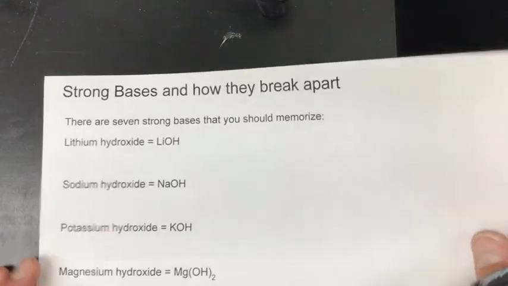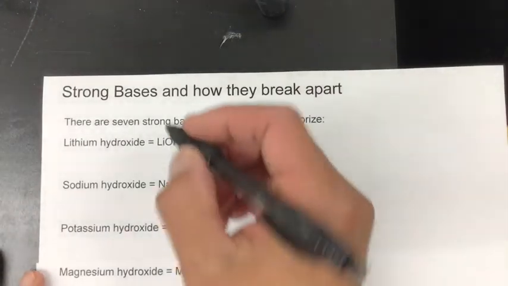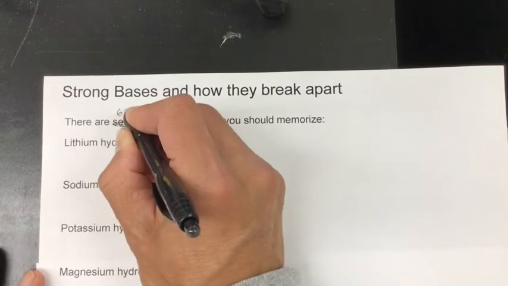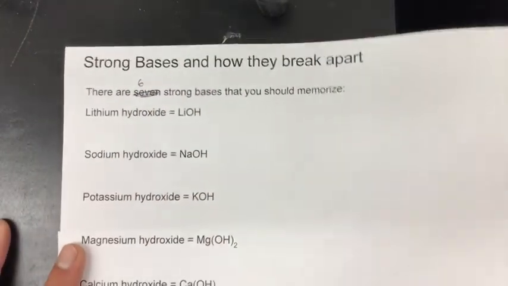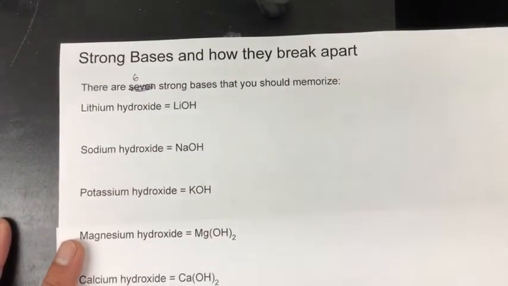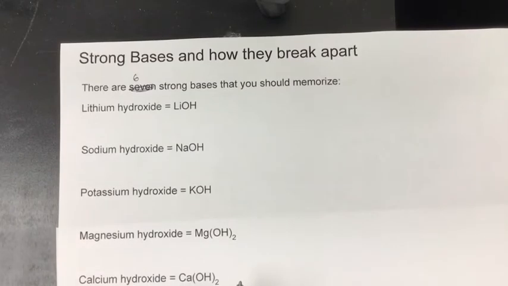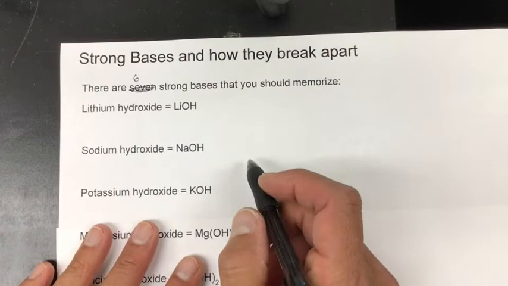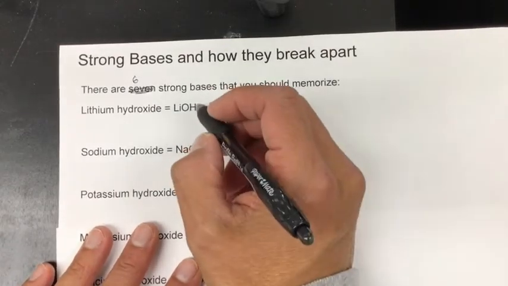Strong bases. I've got 6 of them, and this just kind of varies. Some people say some are strong or not, but these are a little easier to memorize, I think, because if you look, there's a pattern.